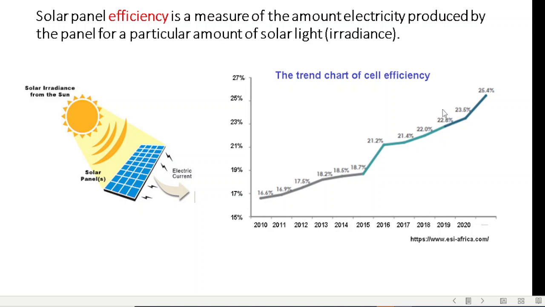Nowadays we are somewhere in this range, and this part is more of the laboratory experimentation that is going on. What all this means is that if we had bought a solar cell in 2010 that gave 10 amperes, the same size solar cell now in 2022 will give us about 15 amperes of current.